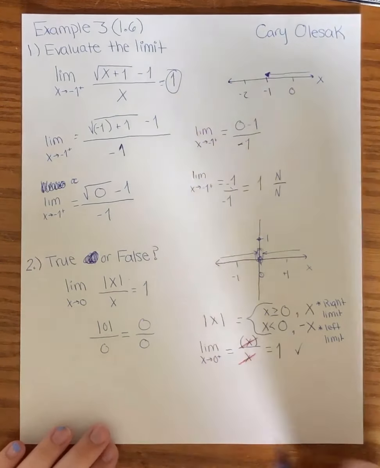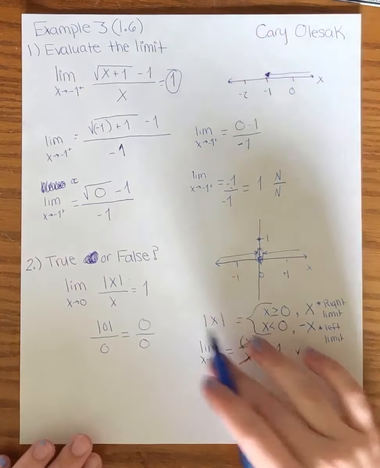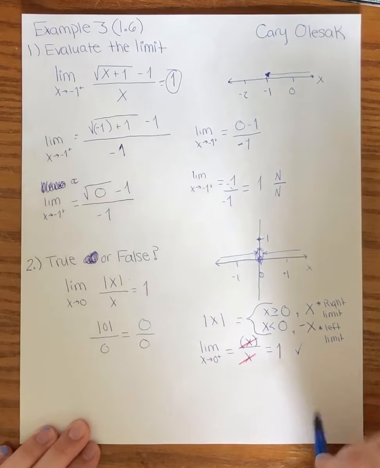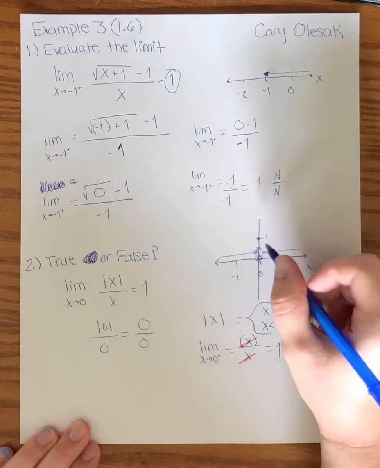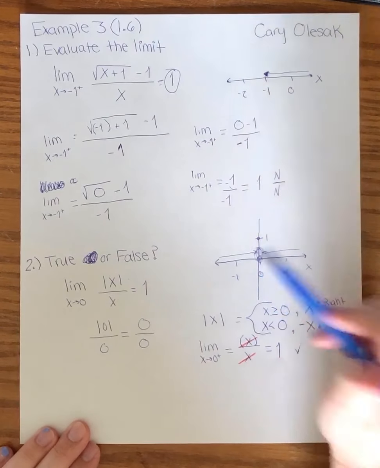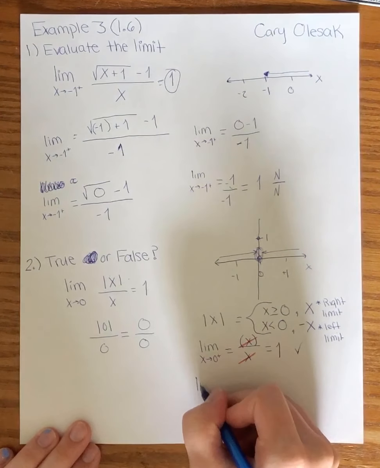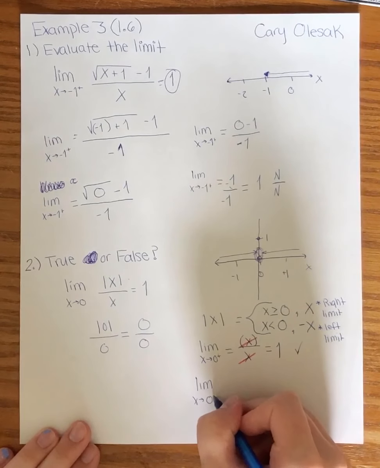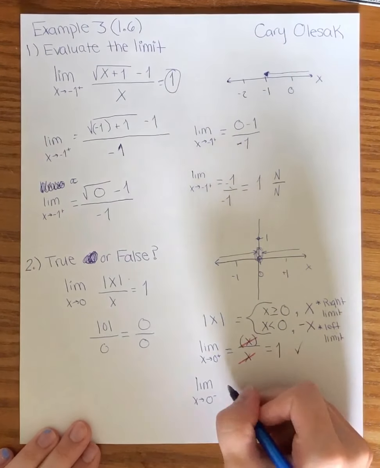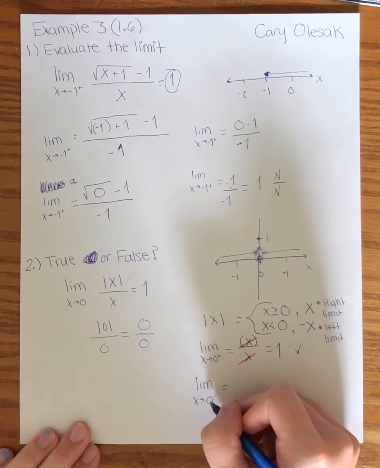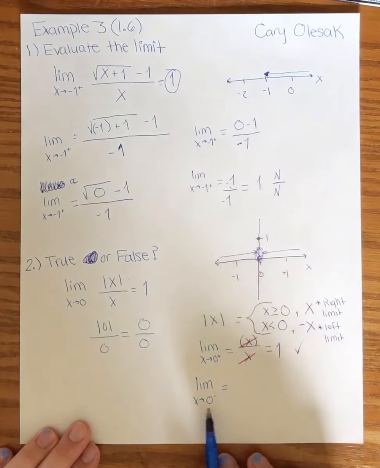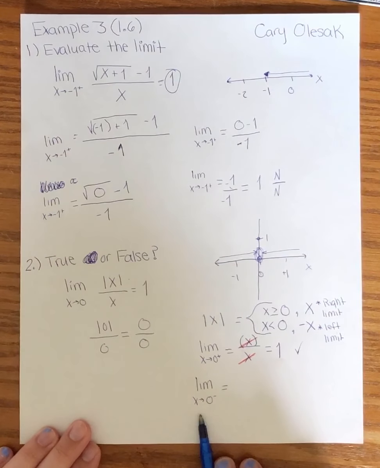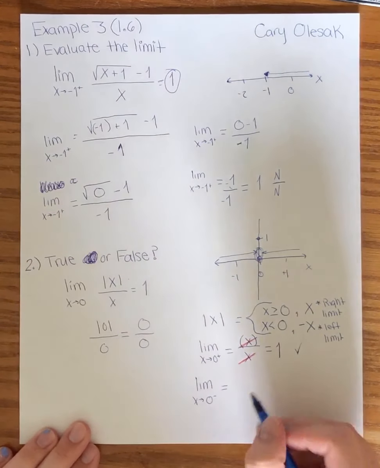So far the problem is correct. But we need to look at the left-hand limit also, because we need to know what the function is doing at the left-hand side. So let's do that: the limit as x approaches 0 from the left side.